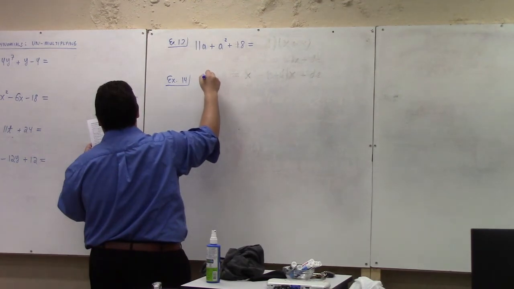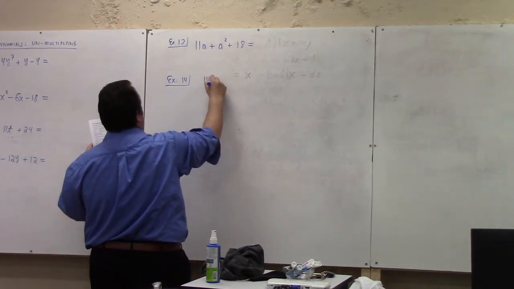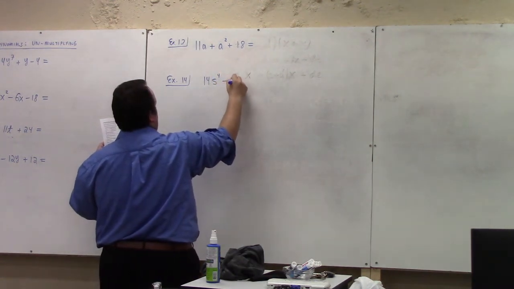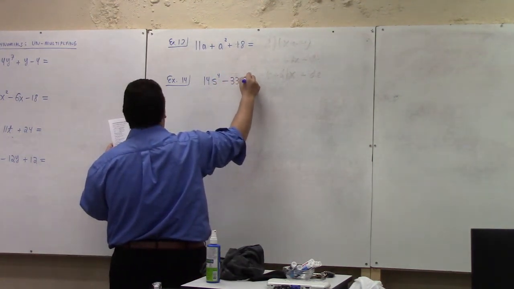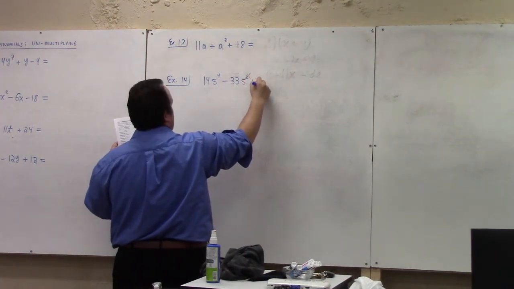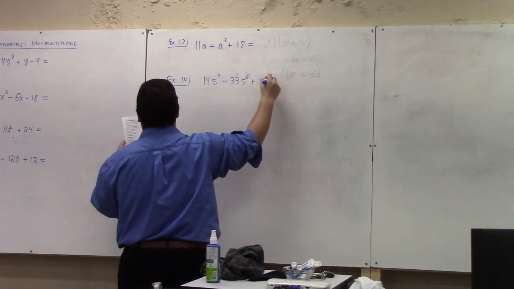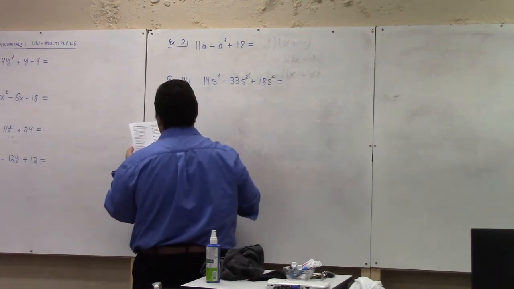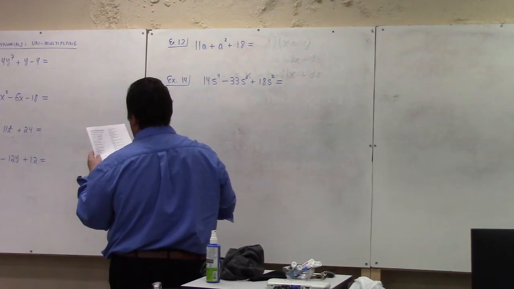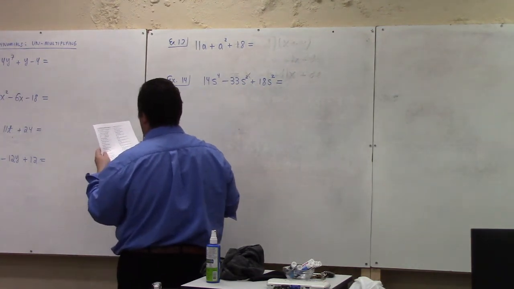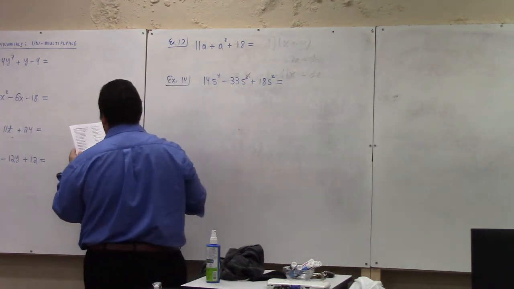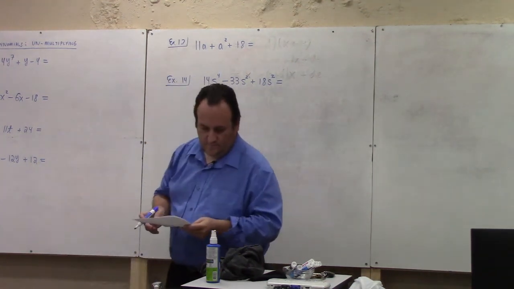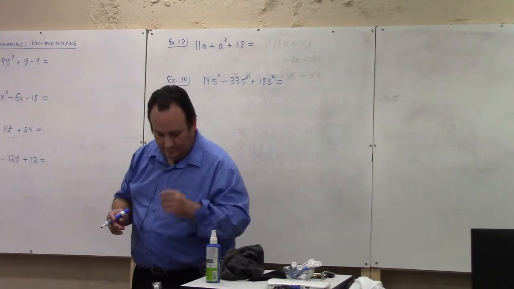This one we've got 14 s to the 4th minus 33 s squared plus 18 s squared. Oh, well, that's not too bad. It looked worse than it was to start with. So chew on those here.